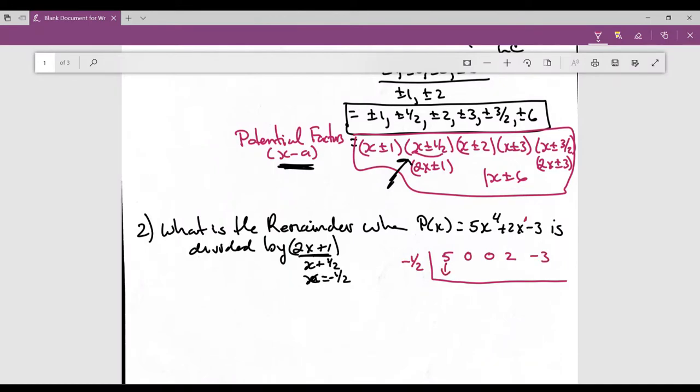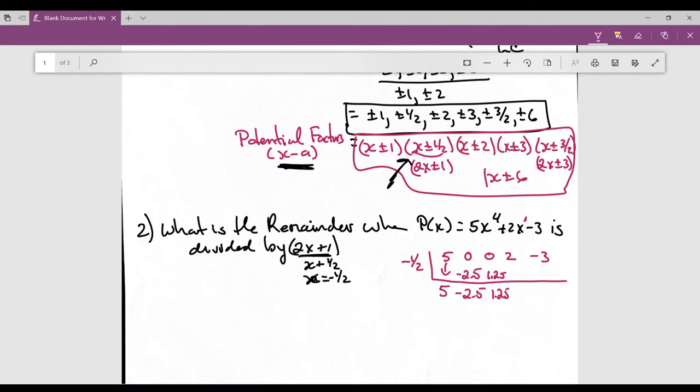5 comes down. Negative a half times 5 is negative 5 halves, or negative 2.5. We'll just do it with decimals. Okay, and then 0 plus negative 2.5 is negative 2.5. Negative 2.5 times negative a half, so half of that is 1.25. Add again.